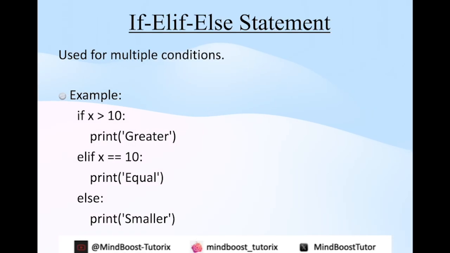Elif x equal to 10, then it will print equal. Or if both conditions fail, then smaller will print on your screen, right? So if, elif and else conditions are used when we have multiple conditions. Here you can see the description also says used for multiple conditions.